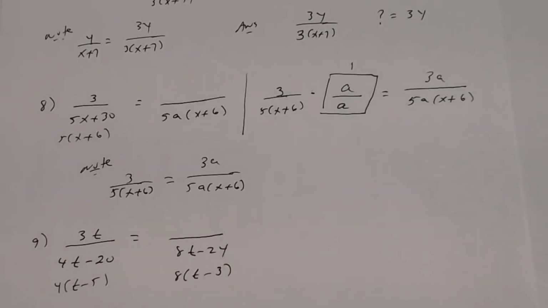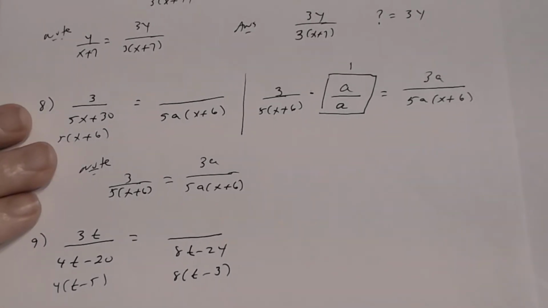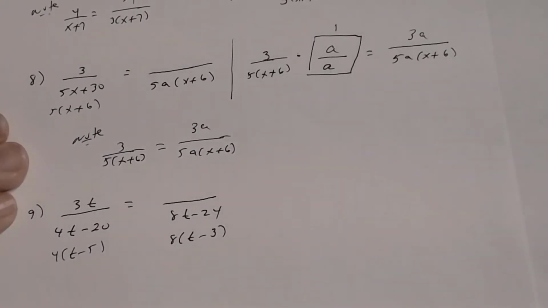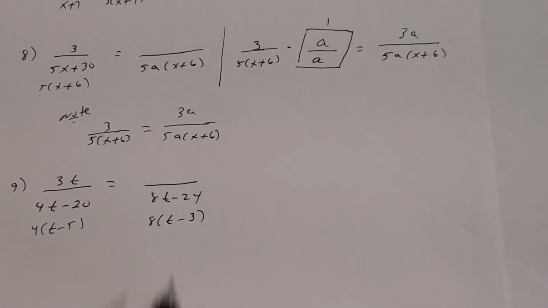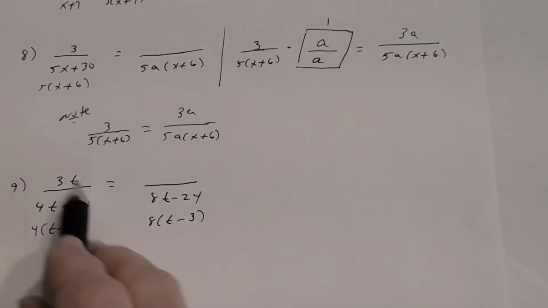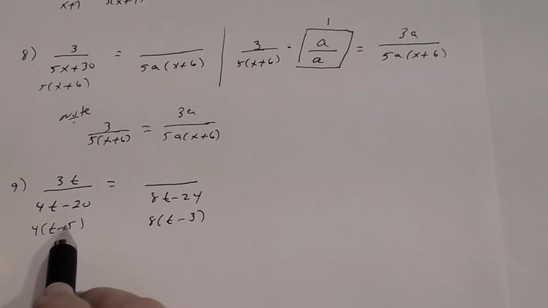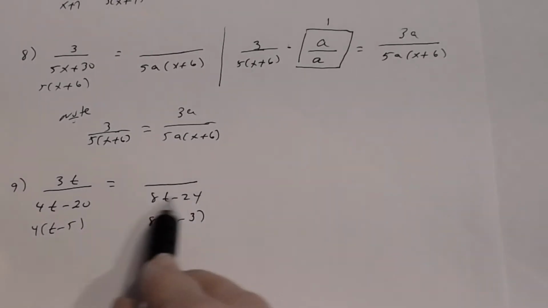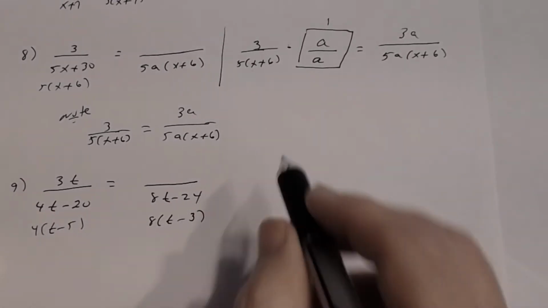Okay. Now, let's look at what's missing here. This is going to be a little bit more challenging than number 8, but that's okay. We can handle that. So I need to multiply this rational expression by some product to get an equivalent rational expression with this denominator. So let's think about this.